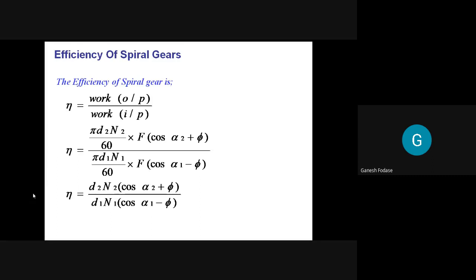So this is one simplified version of the efficiency formula. Further, we can determine value of d2n2 upon d1n1, this term. So the first step is to find out efficiency expression from work output upon work input, that is from torques. Then determine this value again, that is d2n2 upon d1n1 separately, and put it here.